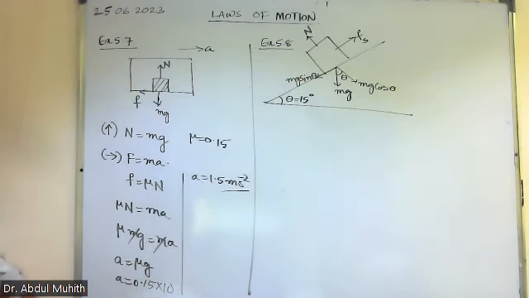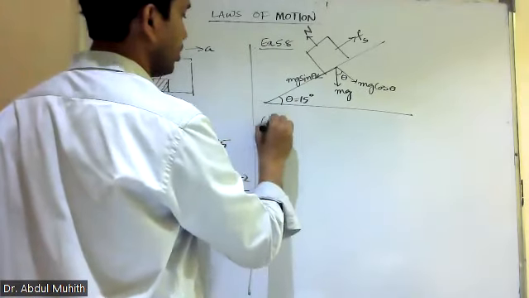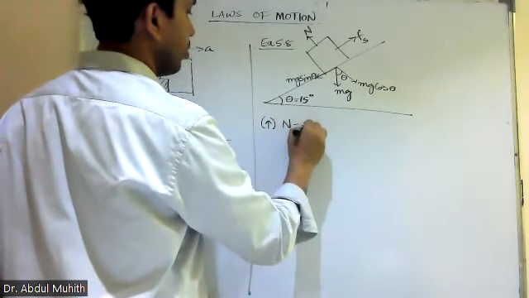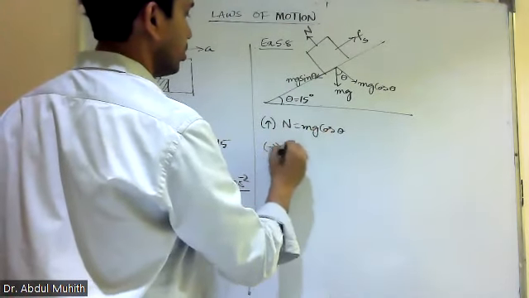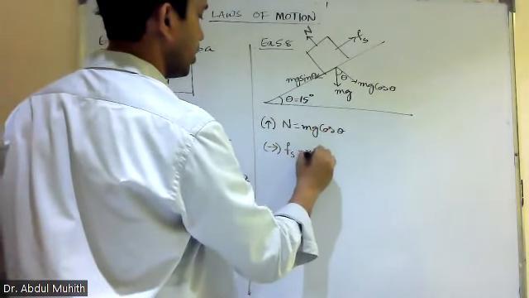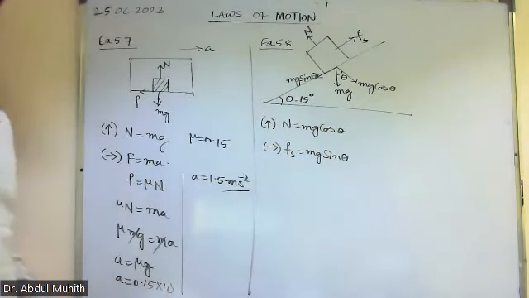So here what will happen now? Upward force equal to downward force. Perpendicular to the plane, N will be equal to mg cos theta, and along the plane, Fs is equal to mg sin theta.